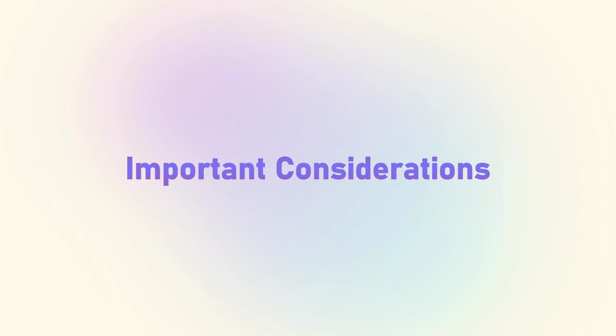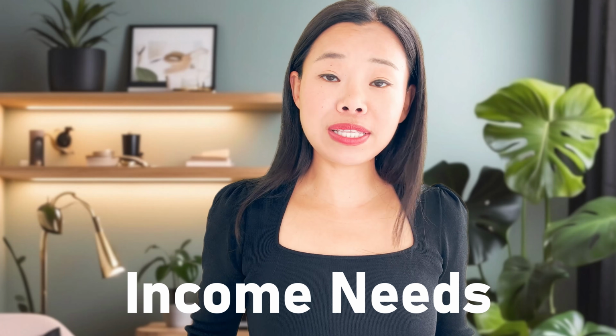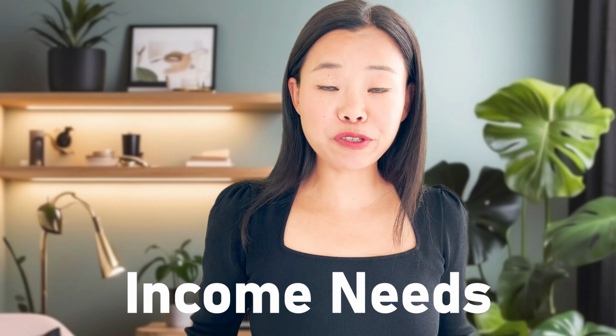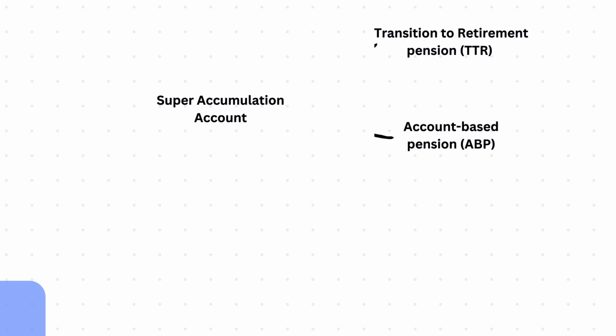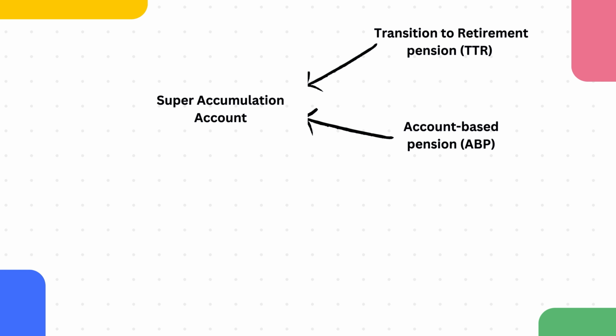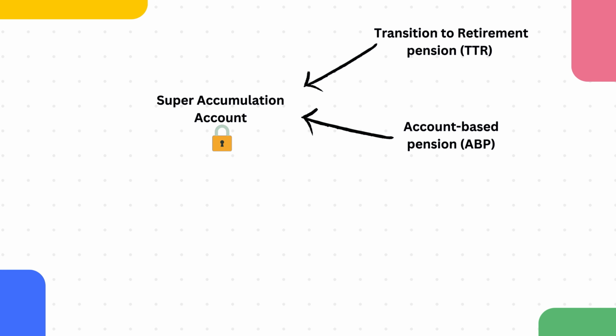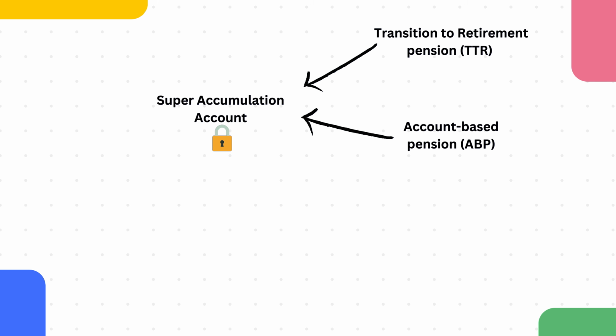Now, before taking any steps to implement these strategies, there are several important factors to consider. First, it's important to consider your income needs when transferring funds from one spouse's super to another. Moving money into a super accumulation account means those funds could become inaccessible until the account holder meets a condition of release.